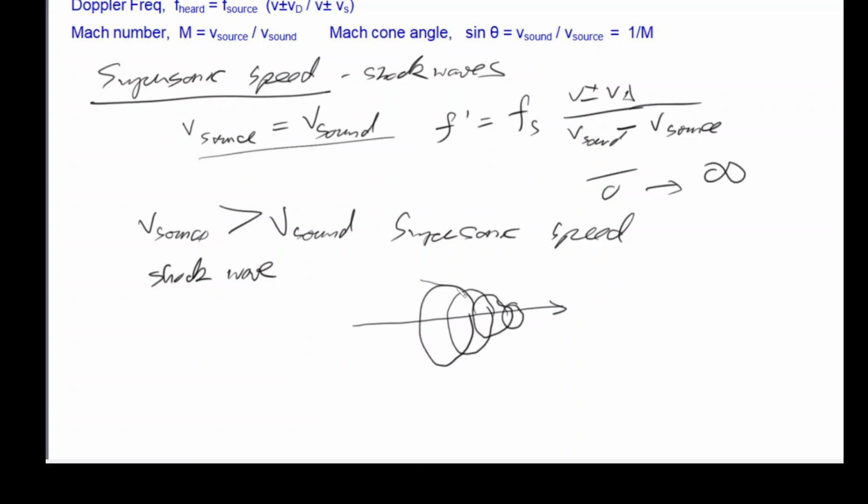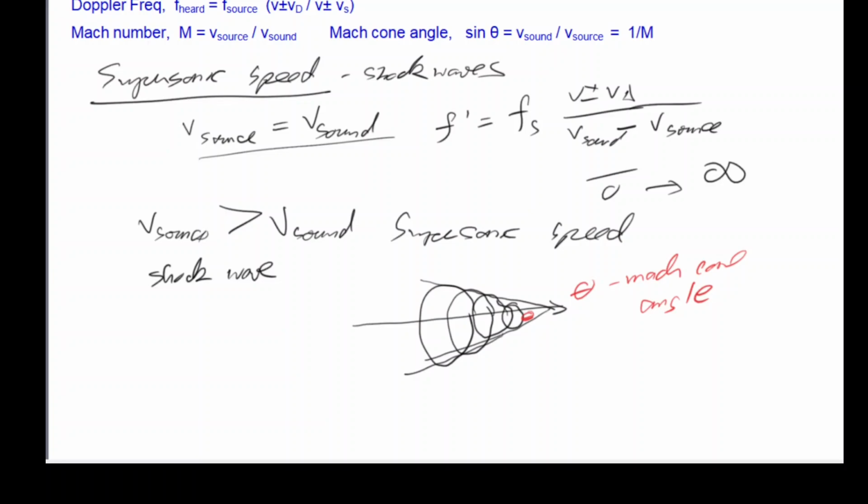And if we look at that wave front, we have an angle here, theta, and theta is called the Mach cone angle. This is the Mach cone, which is the wave fronts, and we have that angle.